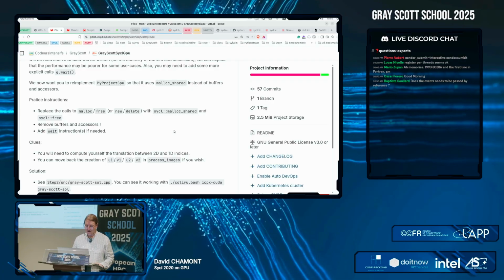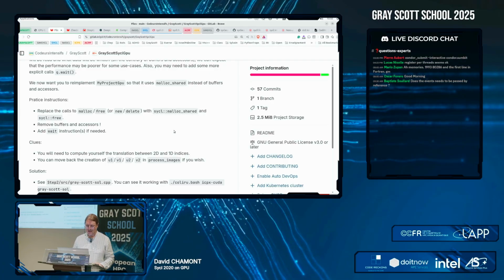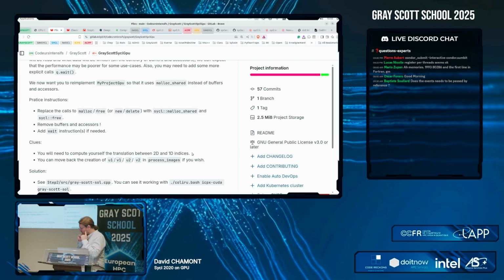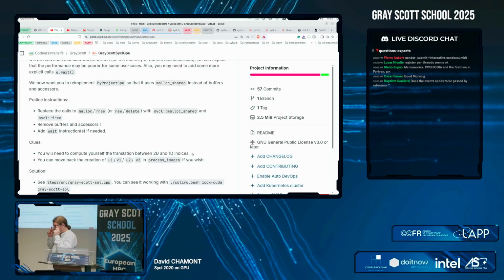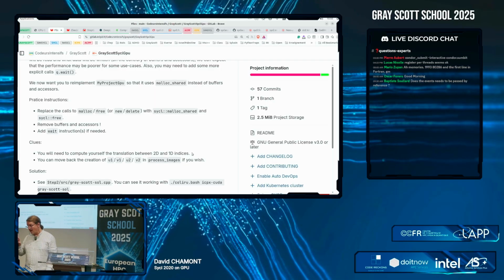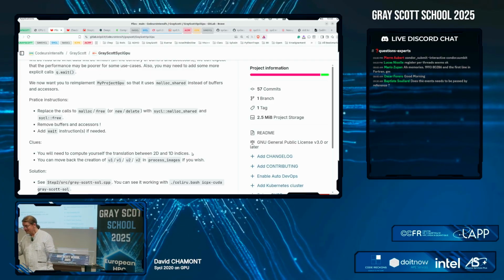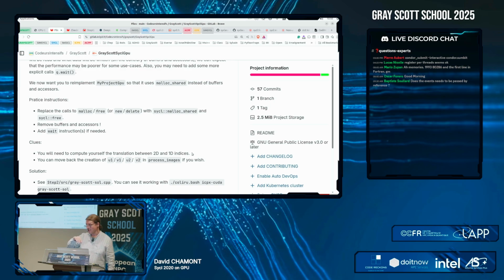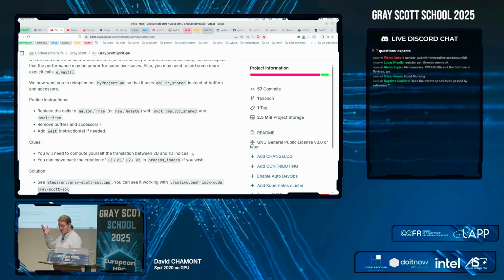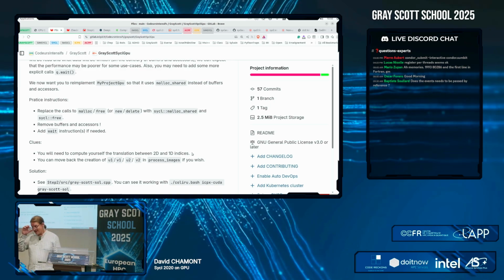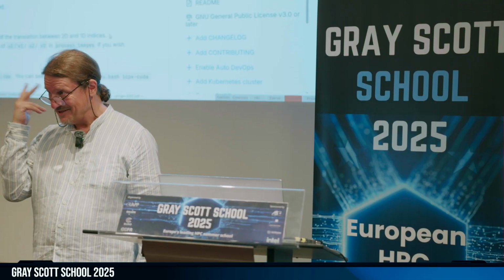A few clues that are worth mentioning: one nice thing with the buffers and the accessors is that they handle the dimensions for you. But with the raw pointers that we use with malloc shared, we are back to the real C++ world where we do not yet have 2D indexes.